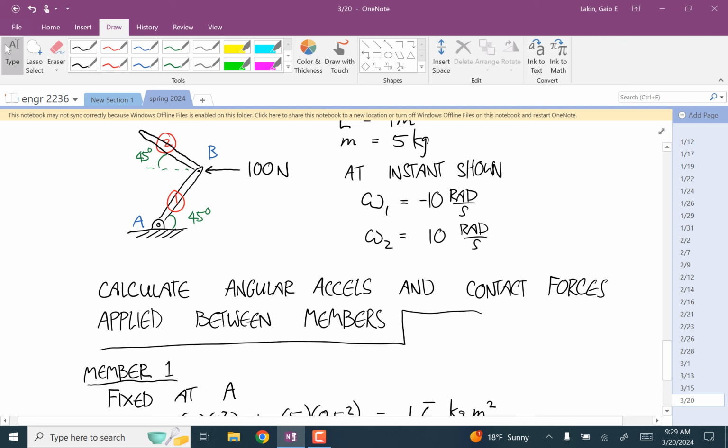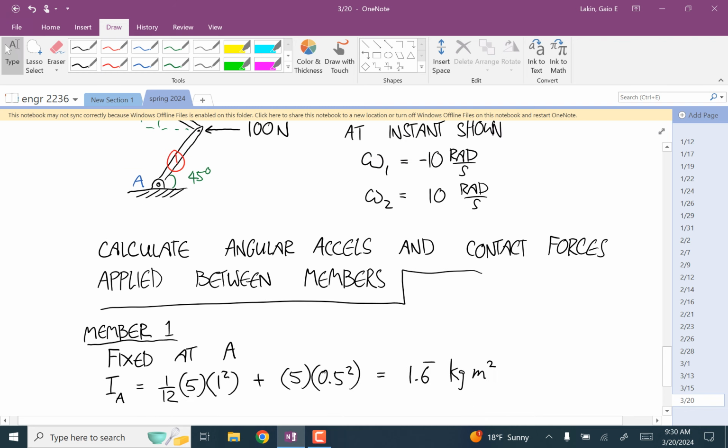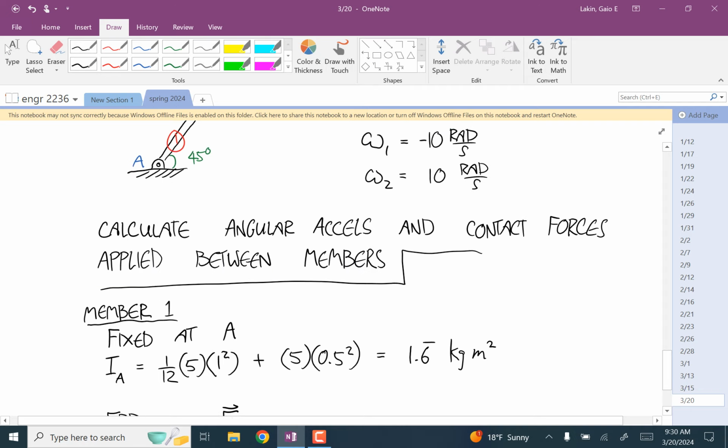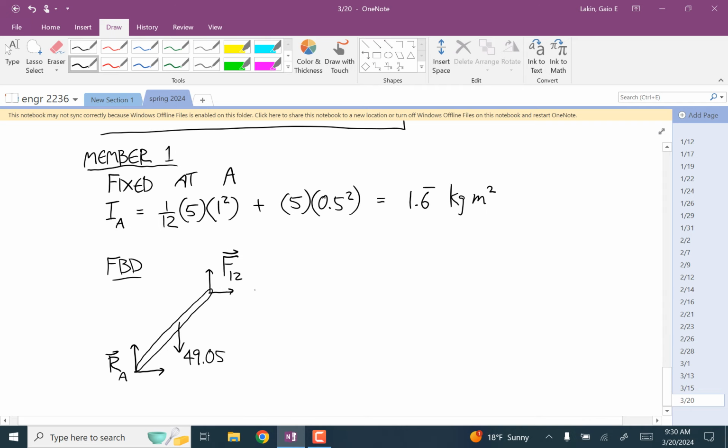But the key thing is if you apply it to both of them, you're double counting that force. The effect is making that force twice as big as it should be. So I'm going to put this force on member 1 because that's the lowest numbered member.